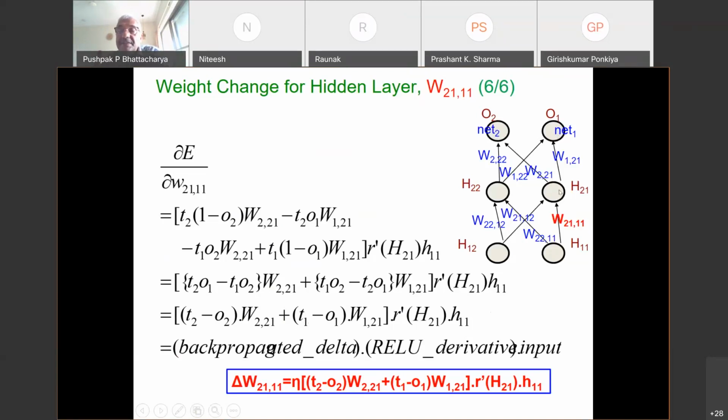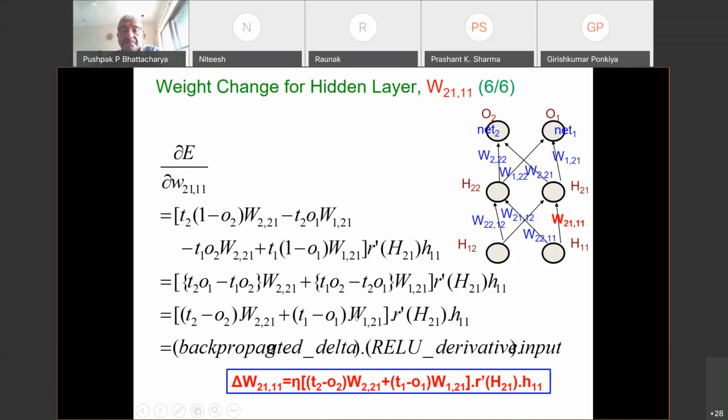The neuron of interest is the hidden layer neuron, and the connection is going from the lower layer into this hidden layer neuron. So the input coming to this connection, the derivative at this neuron, is multiplied by a backpropagated quantity. That backpropagated quantity is the difference of target and observed multiplied by the weight of the backward connection and summed with a similar quantity for the other neuron.